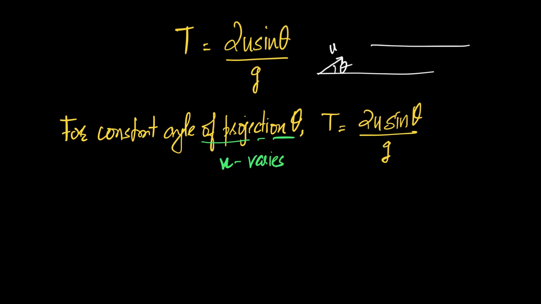In the second case, I'll fire the object with 2u at an angle theta. In the third case, I'll fire the object with 3u at an angle theta. So what remains constant? Angle of projection theta is constant. But what varies? u varies: u, 2u, 3u.